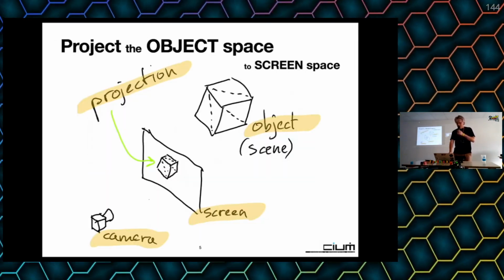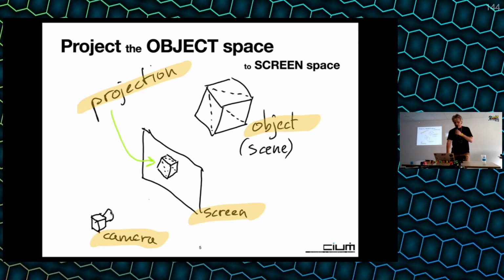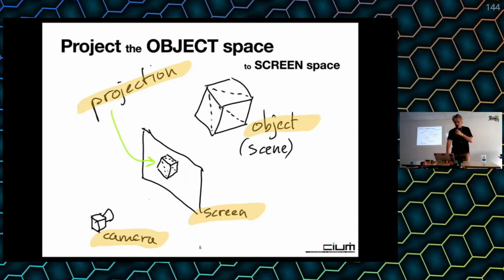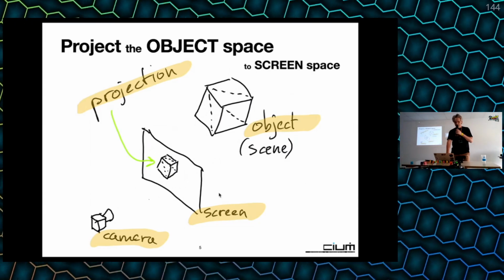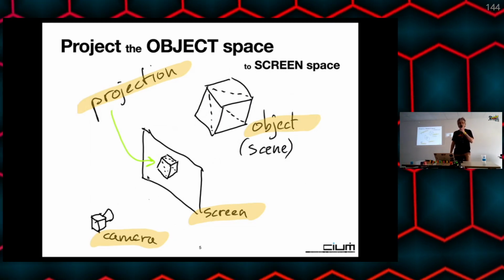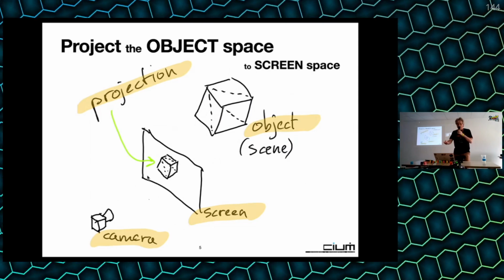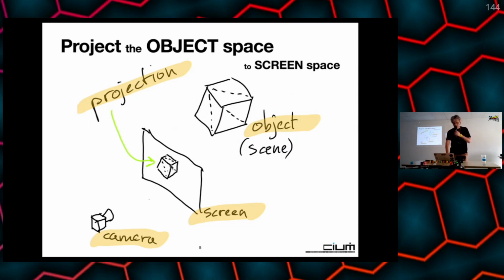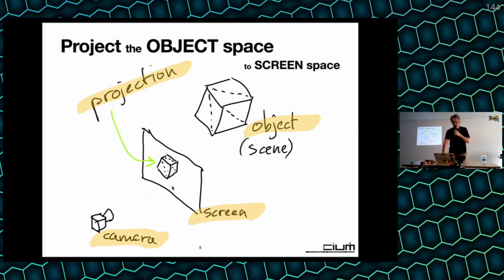You have a camera, you want to compute how lines from the camera to each vertices of a 3D object intersect a virtual screen that's really exactly the same thing as the film in a film camera or the sensor in a digital camera. And so the point is to find those 2D coordinates on the screen by applying a 3D projection algorithm.